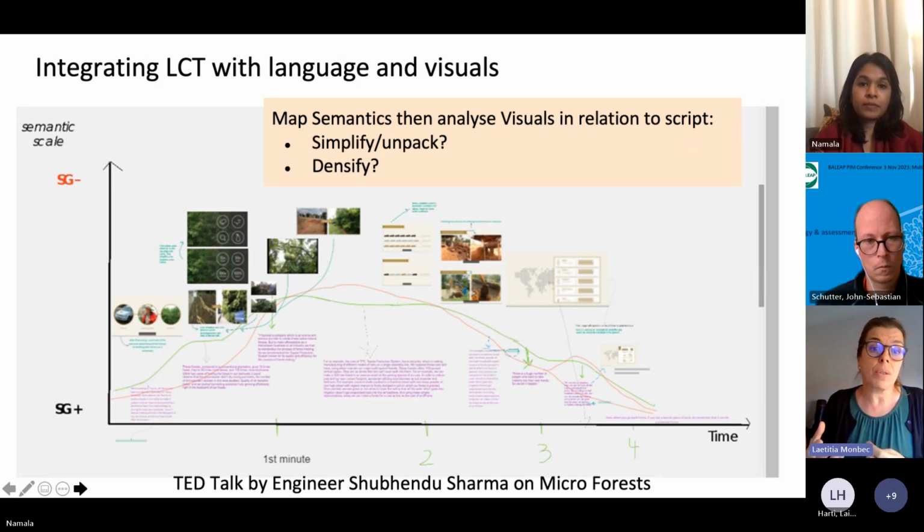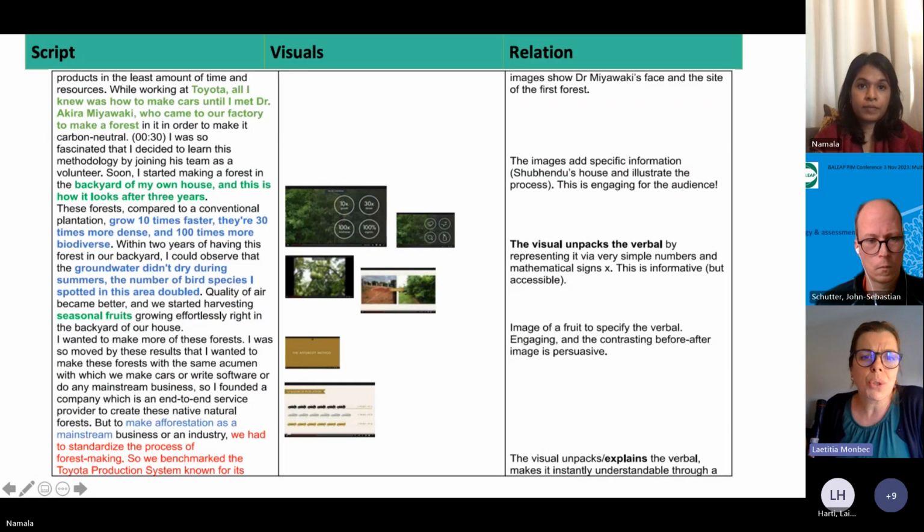And then the students were asked to implement those strategies in their own end of semester project. This was the handout that went along with this. The script was given, visuals were given, and then the students were asked to work on the relation.